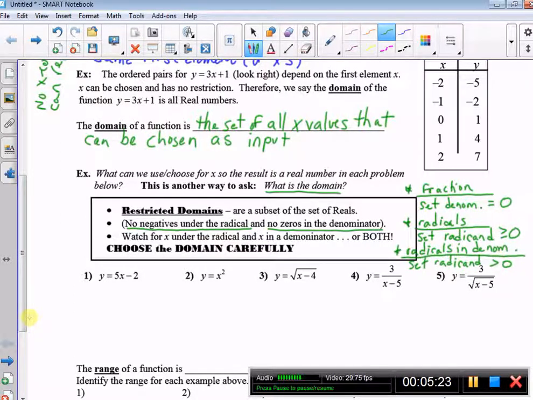So I'm looking for what is the domain on number 1. There's no negative under a radical. There's no fraction. So the domain is all reals. So I'm putting a D. Okay, so it's just all reals.